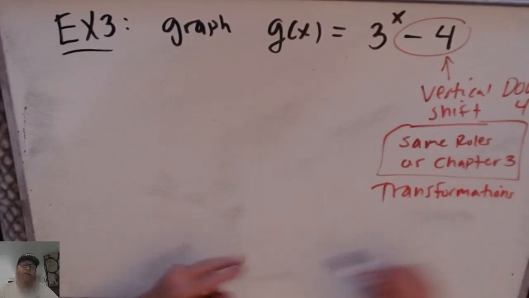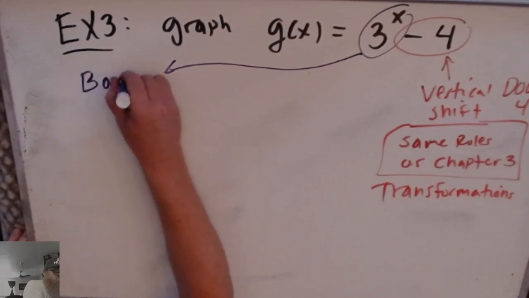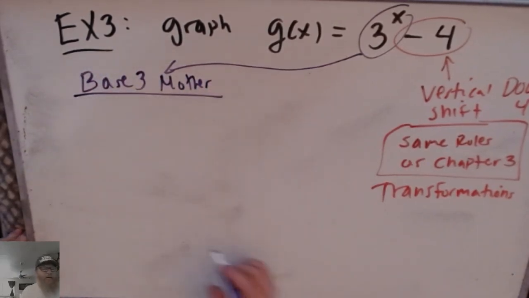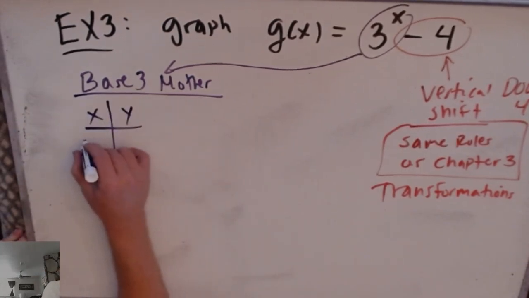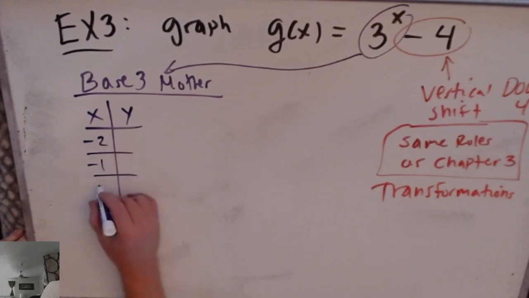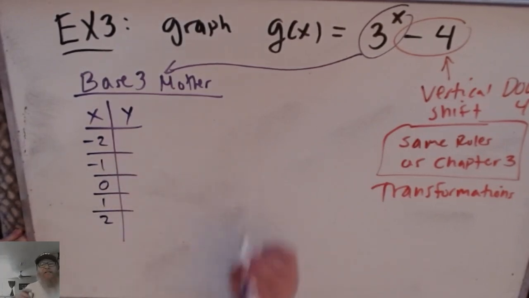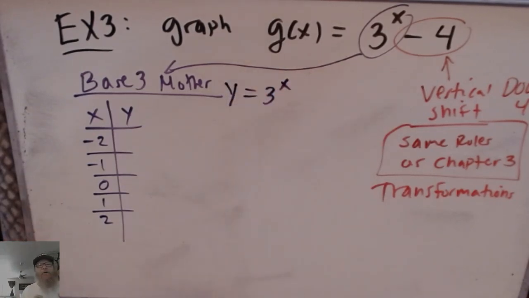Now, we can't use our same mother function as last time. We need to make a new mother function, base 3. Base 3, so it's y equals 3 to the x power.